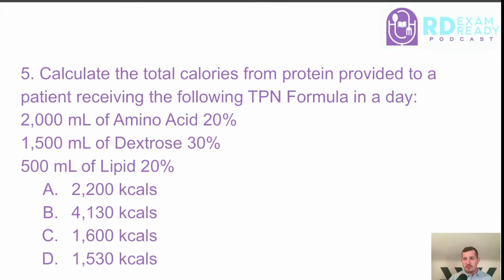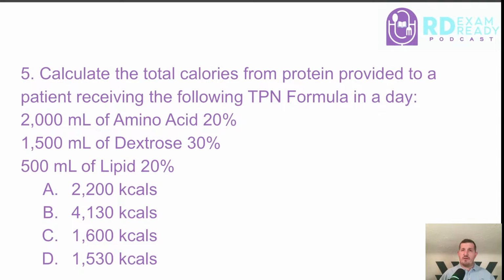Okay, shifting gears a little bit, let's go through a little TPN for this question here. For those of us here on YouTube, go ahead and give that a read. I'm going to read this out: calculate the total calories from protein provided to a patient receiving the following TPN formula in a day: 2,000 milliliters of amino acid 20%, 1,500 milliliters of dextrose 30%, and 500 mils of lipid 20%.